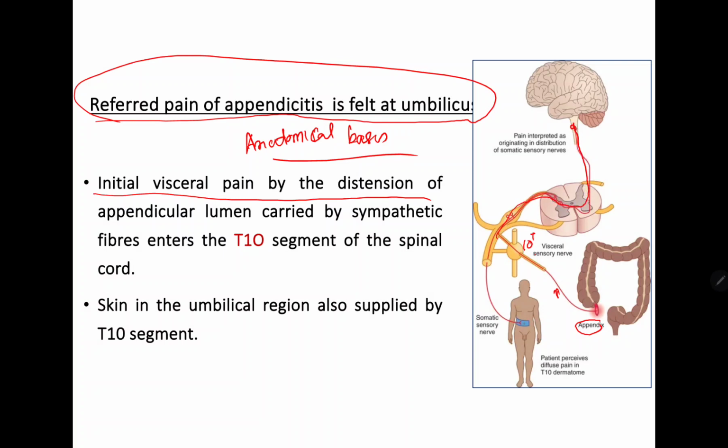You know that the umbilicus is also supplied by the 10th segment. So from the T10 segment the pain is referred towards the umbilicus. Because of the same segmental innervation, the pain of the vermiform appendix is initially felt at the umbilical region.